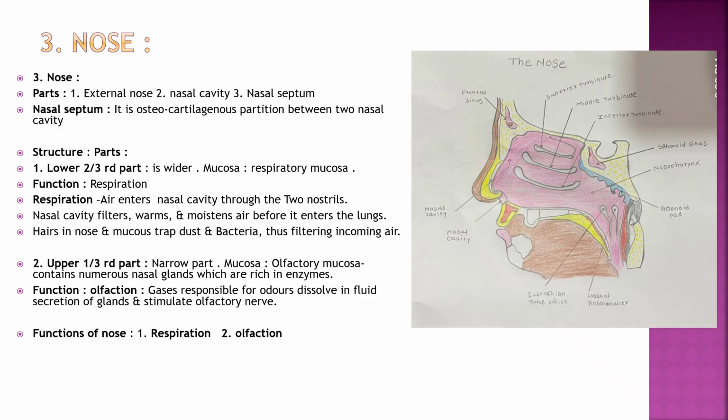The air enters the nasal cavity through the nostrils, then it is filtered, warmed and moistened before it enters the lungs. The hairs in the nose and mucus trap the dust and bacteria, so it acts like an air conditioned compartment. The upper 1/3 part is a narrow part which contains olfactory mucosa.